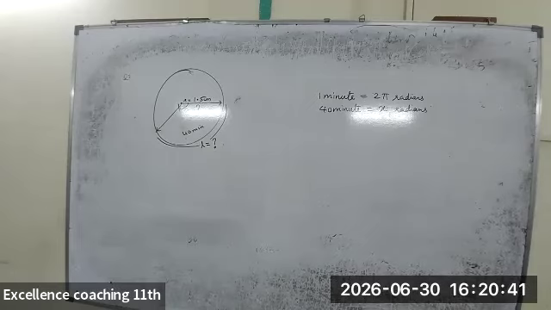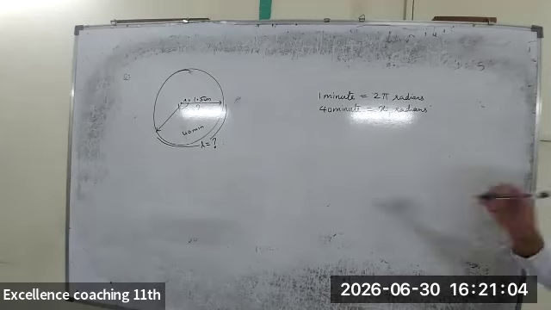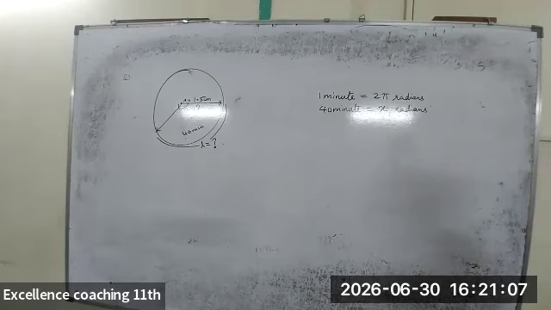Then write the arc length formula and substitute theta. What answer are you getting? Big answer. 80 pi you are getting.